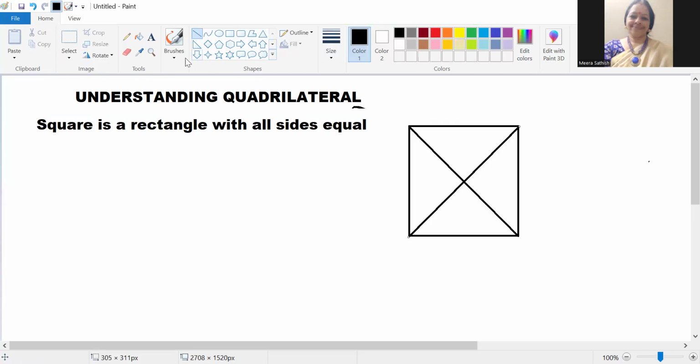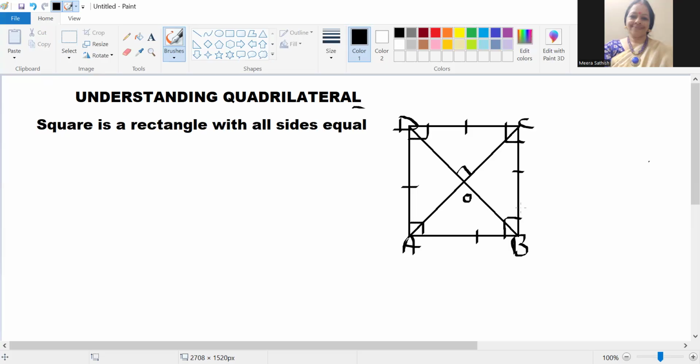Let us see. All sides are equal. All angles, right angle. Then diagonals bisect at a right angle. And diagonals are equal also.